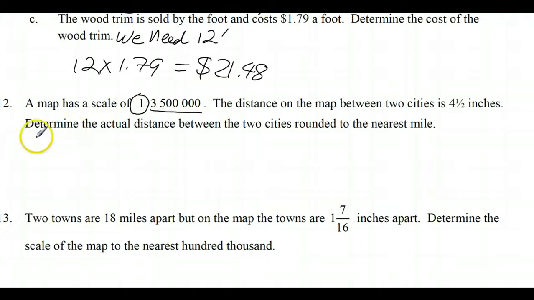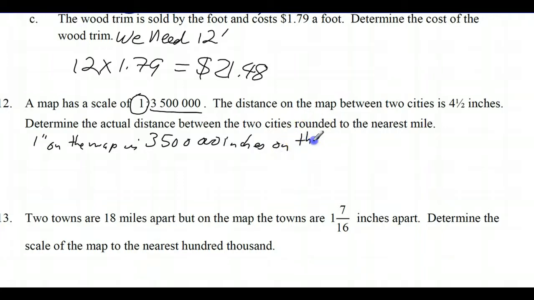So, in this case, because we're dealing with inches, right, this 4.5 inches. So 1 inch on the map is 3,500,000 inches on the ground, which sounds like a lot and isn't insubstantial, but how much is it really?